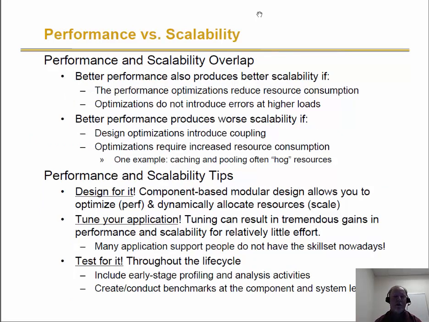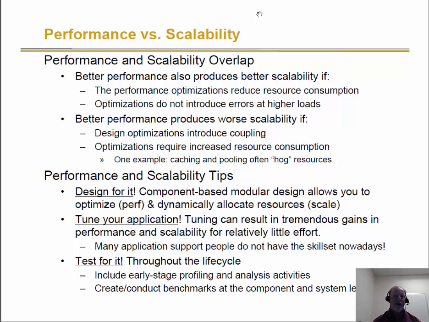So I mentioned I'm already starting to talk about performance and scalability together, right? And they overlap. Better performance produces better scalability if performance optimizations reduce resource consumption. So I may be optimizing for throughput, I may be optimizing for response time, but at the same time, by doing that, I'm consuming fewer resources. Well, that makes sense. What if I'm minimizing the number of database round trips?